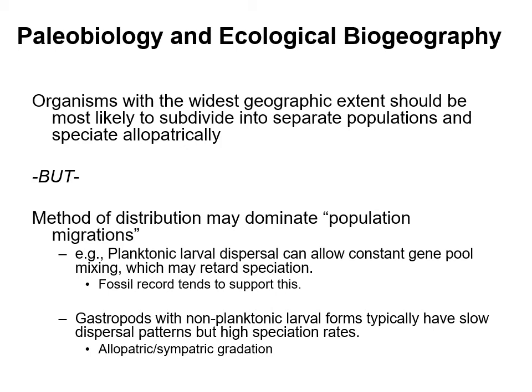Another example would be gastropods that don't have planktonic larval forms, which would typically show a very slow dispersal pattern, but really high speciation rates. So this would be a combination of allopatric speciation and what we call sympatric speciation, where you have one population in one place and they just start doing different things and they separate into two species without a physical barrier. So we see a little bit of both of this in the fossil record.